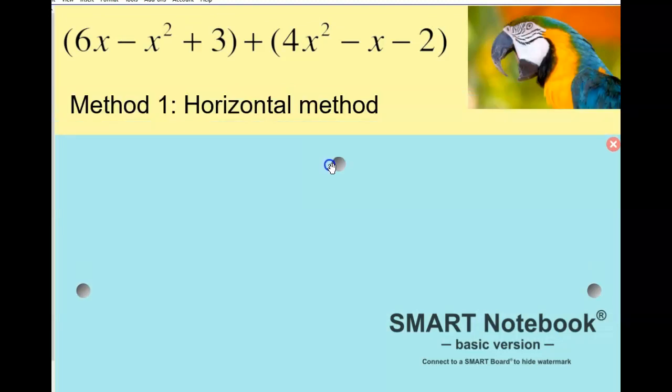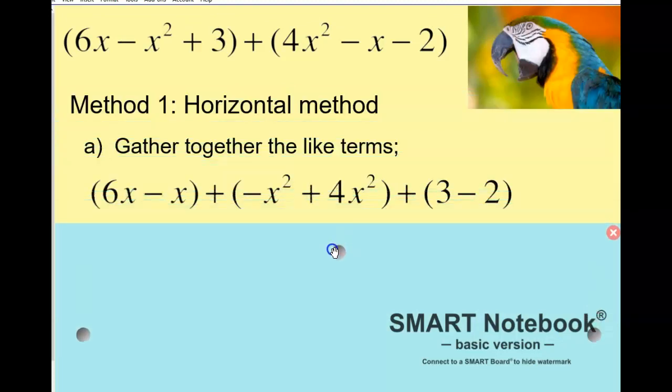First, I'm going to gather up the like terms. So I have a 6x to the first power and a negative x or a negative 1x that I'm going to put in here. Then there's an x to the second power, a negative 1, and a 4x to the second power. I'm going to gather those two up together. And last, I have the constants, a positive 3 and a negative 2.